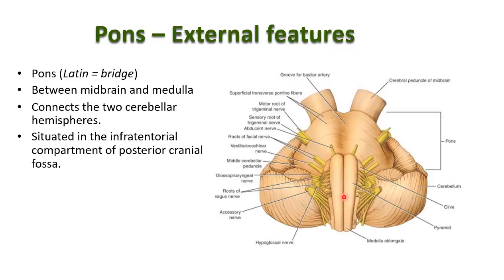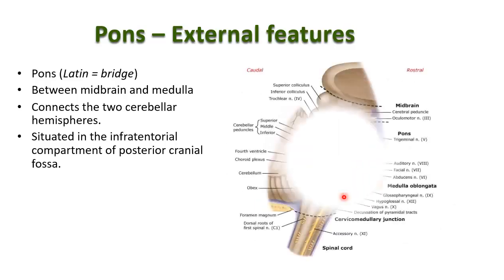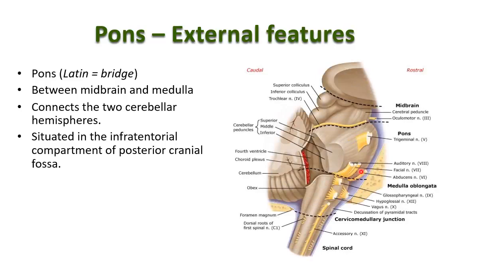Immediately in front of it lies the posterior sloping surface called the clivus, which is mainly formed by the basilar part of the occipital bone and the sphenoid bone.